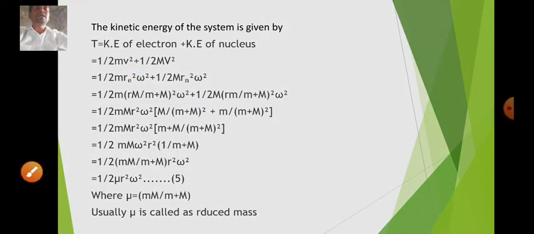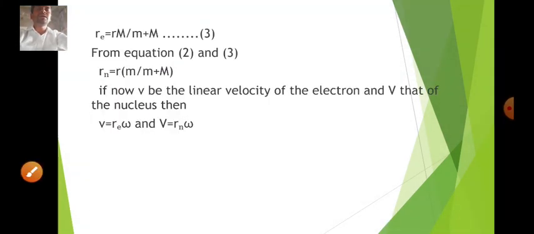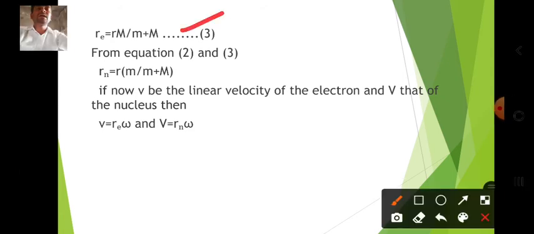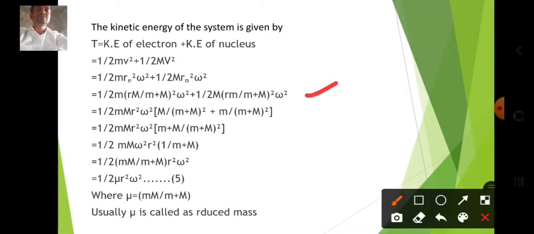We already got the Re and Rn values, so substitute these values in this equation. Then what do we get? We get this, with the Re and Rn values substituted.